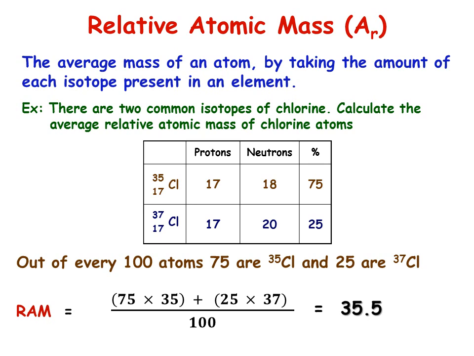If anybody asks what the relative atomic mass of chlorine is, we have calculated this: it is 35.5. Always remember, the relative atomic mass you get should be close to these values. This is 35 and 37, and 35.5 is close to these 2 values.